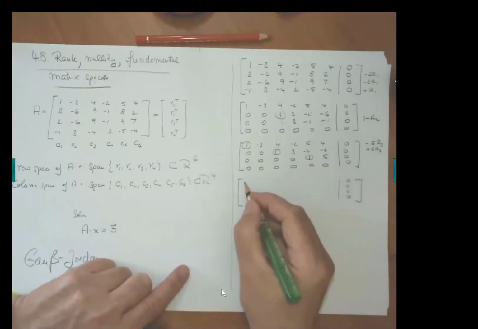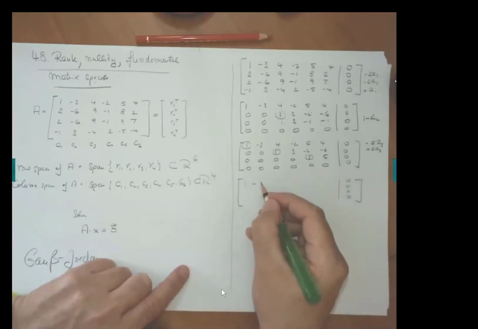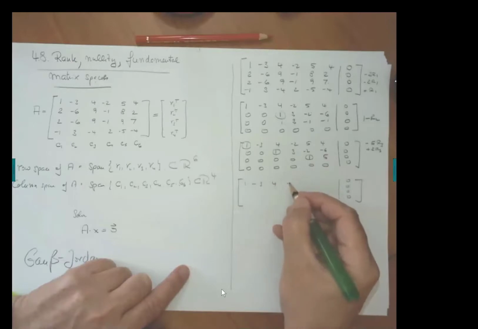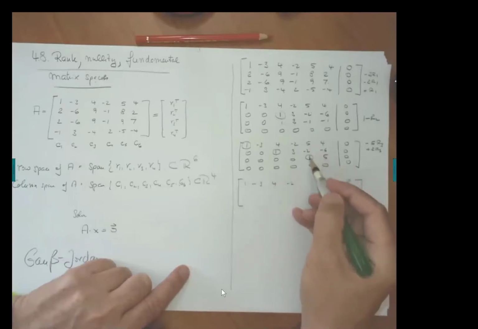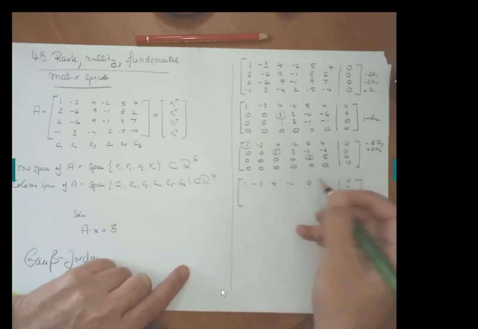So we have 1, -3, 4, -2. Now this minus 5 times this is 0. This minus 5 times this, 4 minus 25 is... how much do we have here?